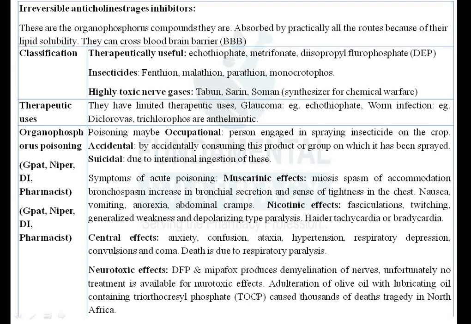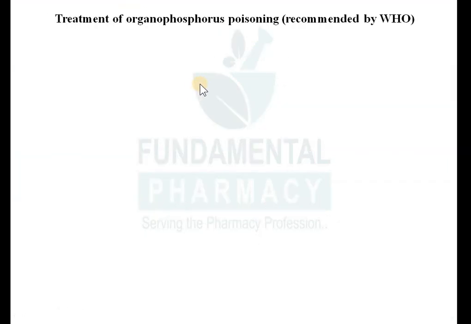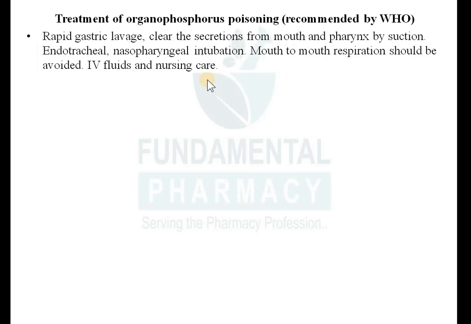इसके ऊपर क्वेश्चन नहीं आएगा आपको, लेकिन most important thing is the treatment of organophosphorus poisoning. Okay, this is important. They can ask questions on this. It is recommended by WHO, World Health Organization. Now first, once you get organophosphorus poisoning, अगर poison आपने ingest किया है by mouth, तो first thing, वो poison जो पेट में गया है उसको absorb मत होने दो. जो अंदर गया है उसको बाहर निकालो.